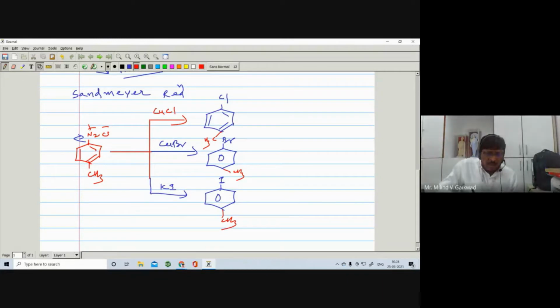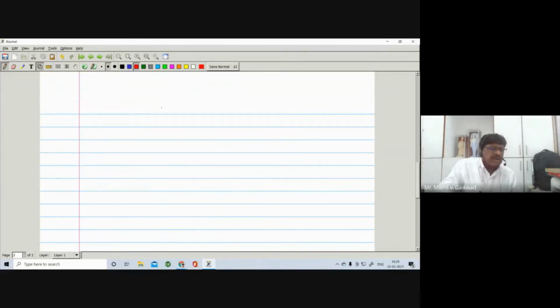Suppose you want to add fluorine, then what happens? It reacts with HBF4, and there is a formation of fluorobenzene, and here we can take also CH3. So these are the reactions where we can replace the diazonium group by a halogen.